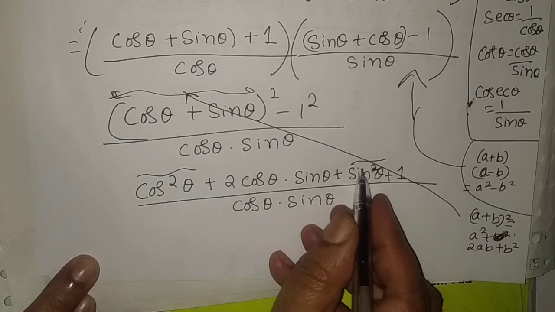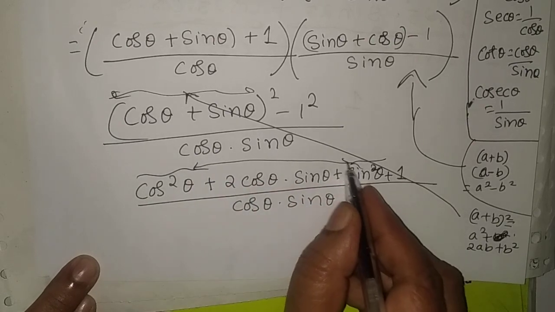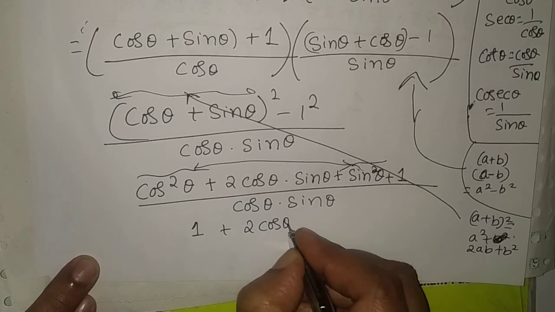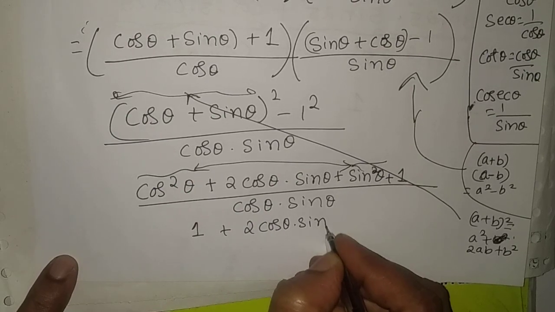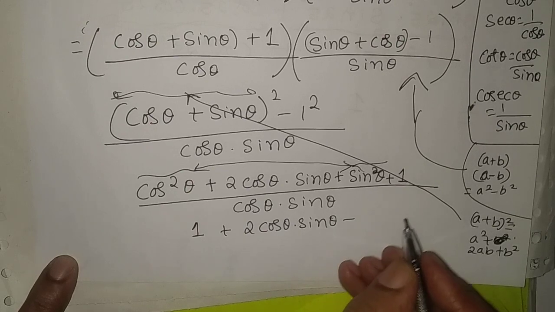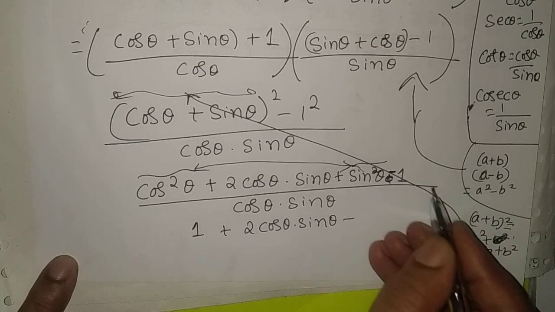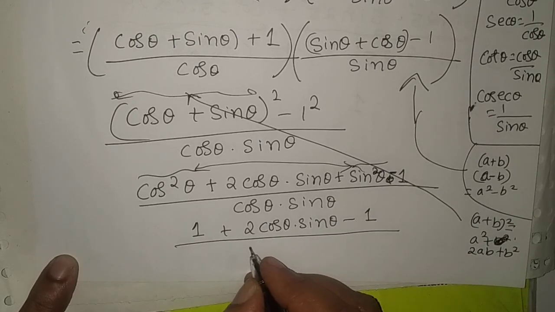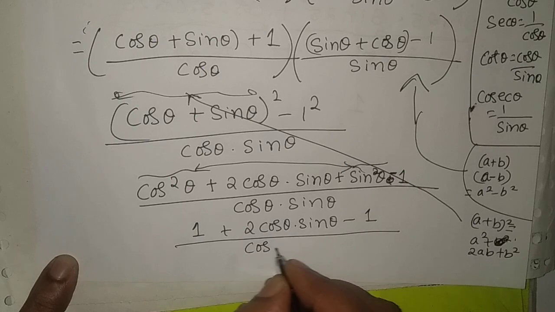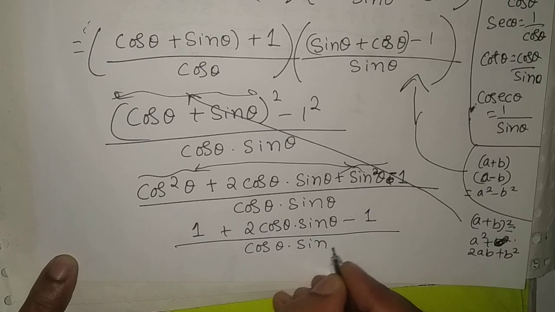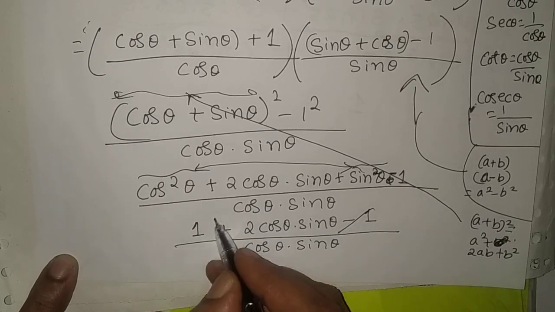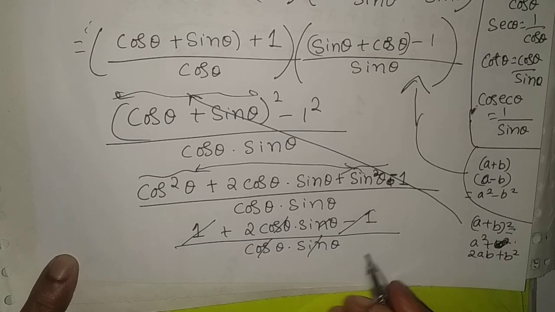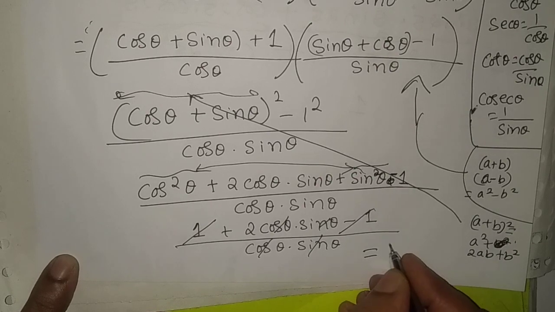So I will directly write these two equal to 1, plus 2 cos theta into sin theta, minus 1, divided by cos theta into sin theta. Now what cancels? The plus 1 and minus 1 cancel. Here cos theta cancels, sin theta cancels. Finally we will get the answer as 2.